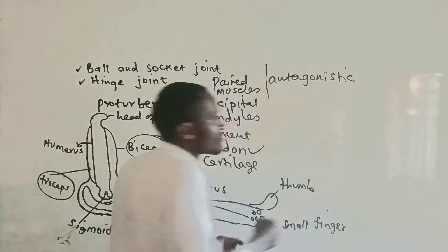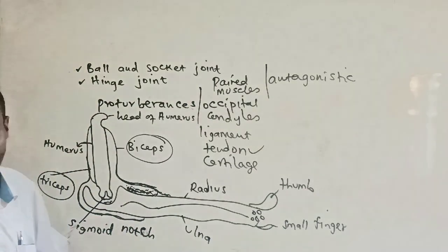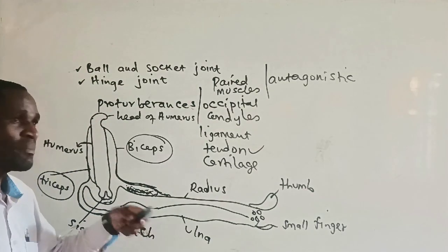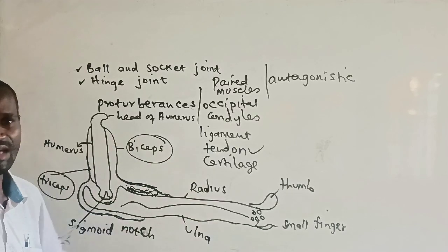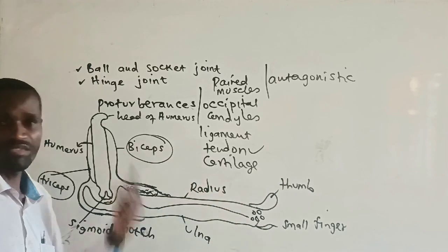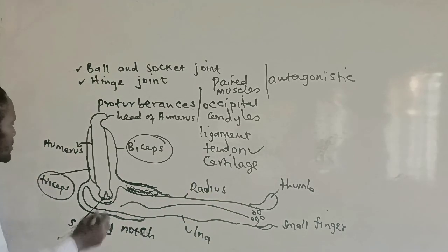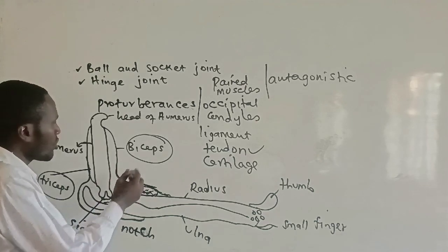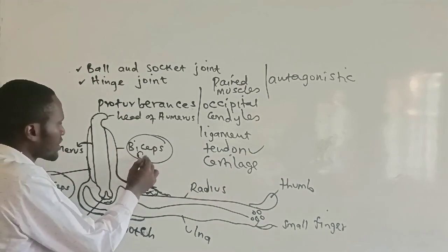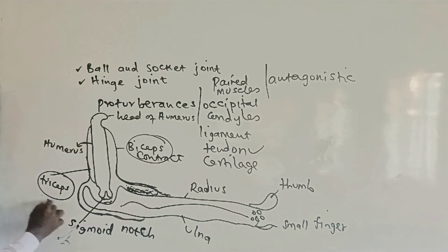That is, they always have their effects occurring in opposite directions. So when one muscle contracts, the other one relaxes to bring about the extension at the joint or the flexing of the arm, for example. So when the biceps are contracting, the triceps are relaxing.